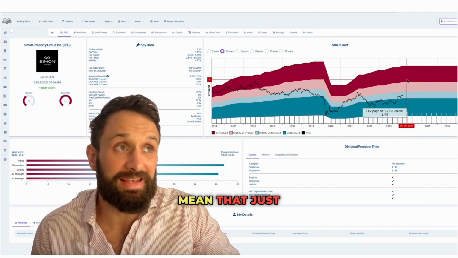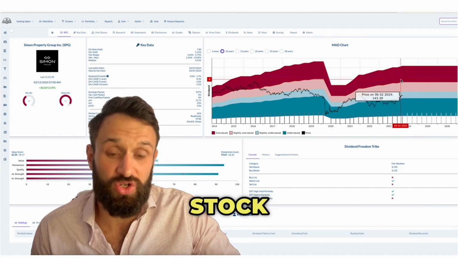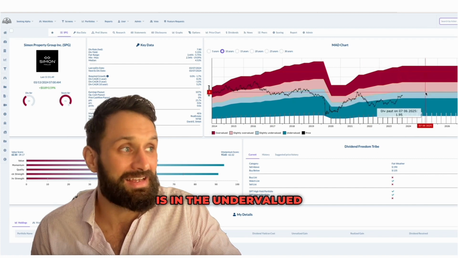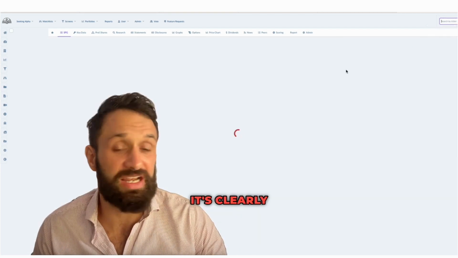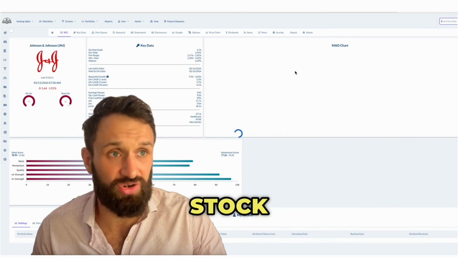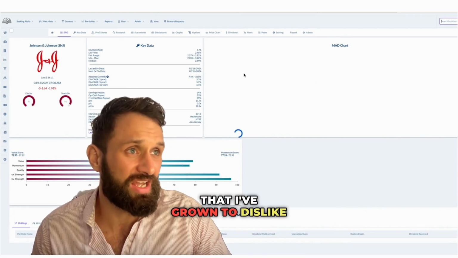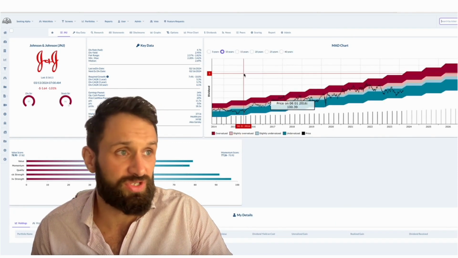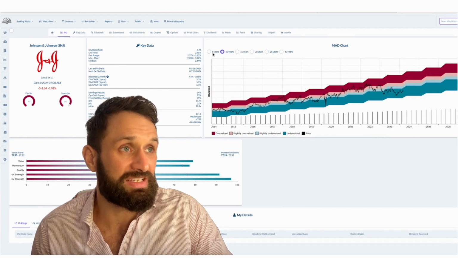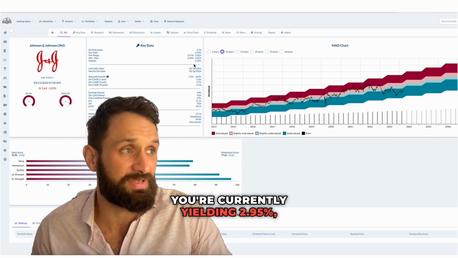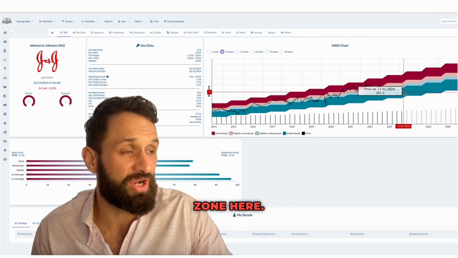Now, this doesn't mean that just because a stock is in the undervalued blue area that it's a good investment. It's clearly the case for Johnson & Johnson, which is a stock that I've grown to dislike somewhat over time. The dividend growth rates have somewhat slowed. As you can see here, it's currently yielding 2.95%, which is in the deep blue zone here.